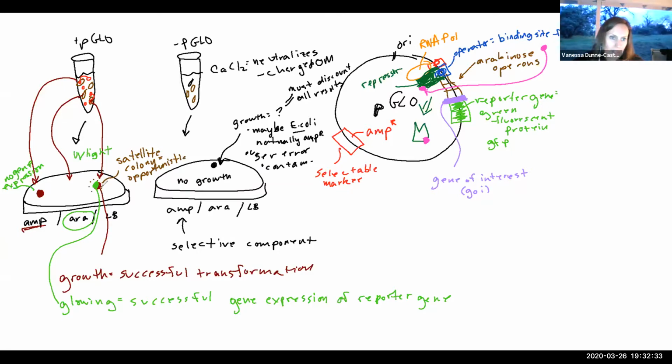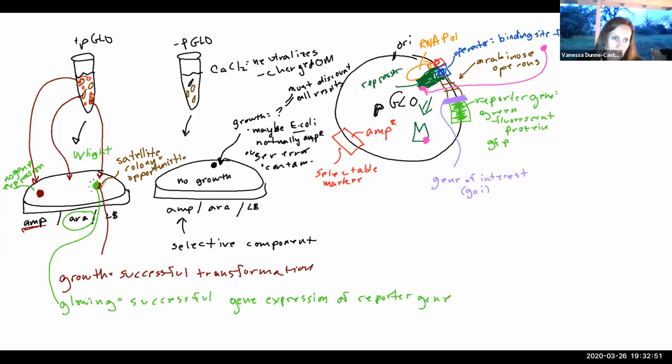These guys are not transformed. They did not receive that plasmid, but that beta-lactamase ampicillin resistance enzyme is an exoenzyme that's secreted out, and anywhere where that bacterial colony is growing, it's going to destroy the ampicillin all around that media.